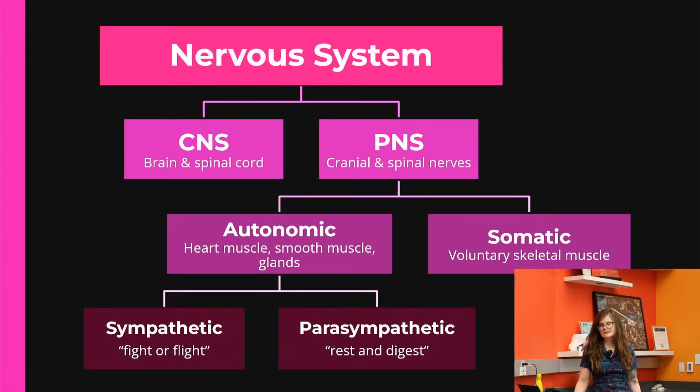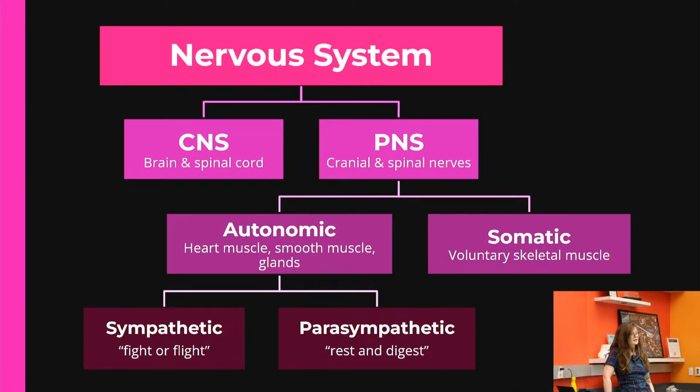The nervous system is split into the central nervous system, the brain and spinal cord, and the peripheral nervous system, like cranial and spinal nerves, which then branches out to autonomic and somatic. The somatic branch has voluntary skeletal muscles, so moving, working out, anything essentially voluntary movement related.